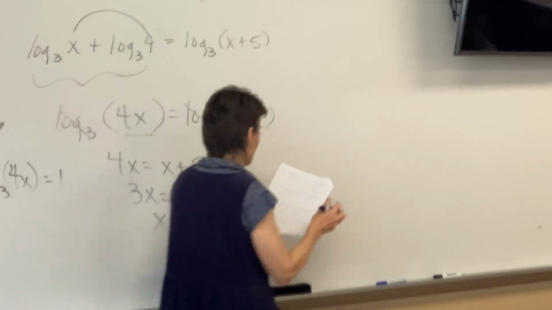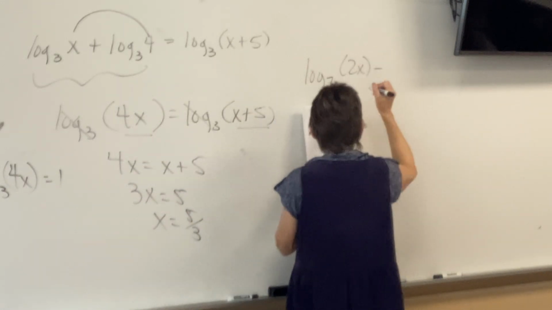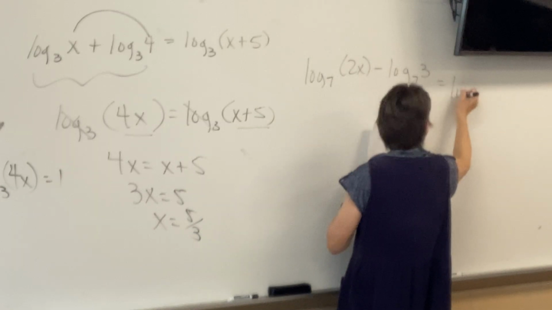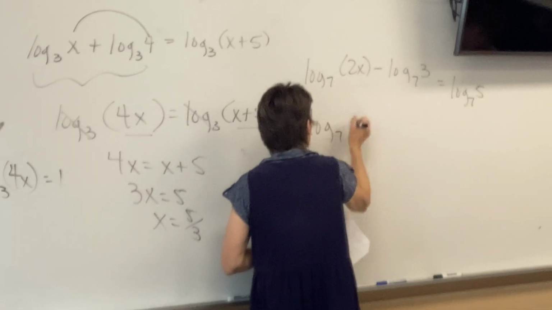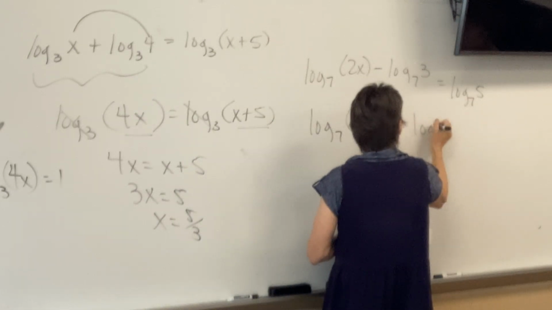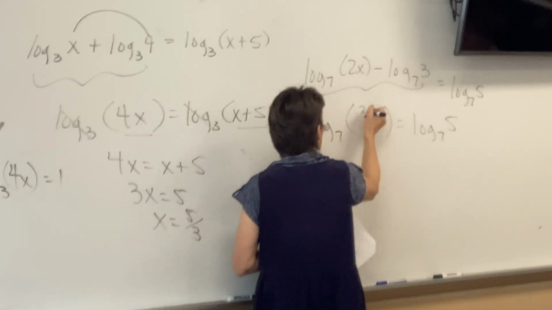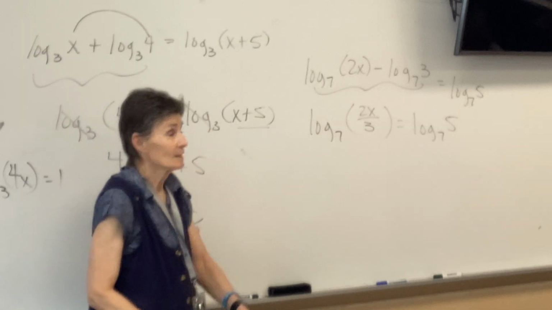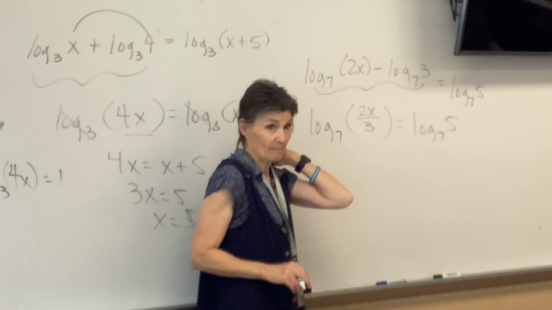G is exactly the same, except that's a minus. So what does that mean? Divided. It means when I put them together, I can only have one logarithm on each side. So when I put these two together, it's going to be a division, because that is a minus, right?